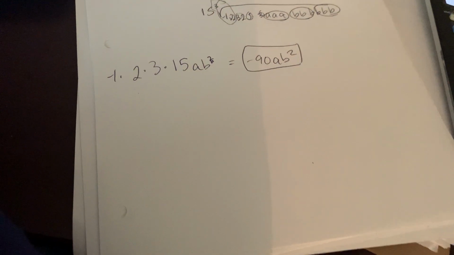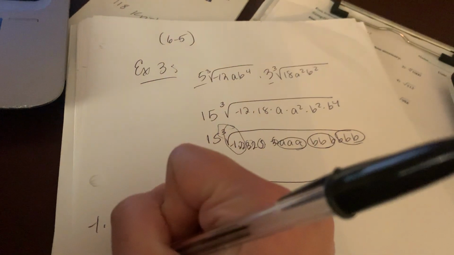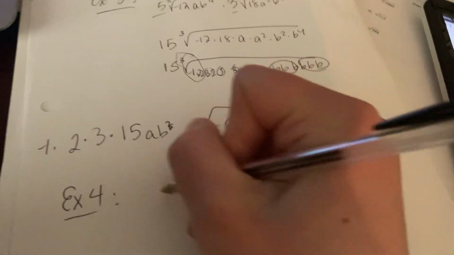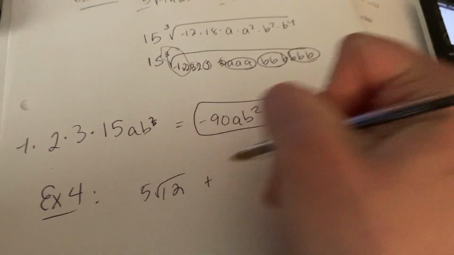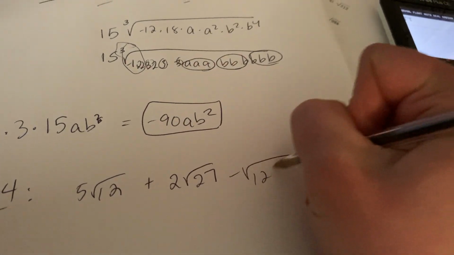Okay, the next one is just adding and subtracting radicals. I'm going to pick the hardest one, part B. So example 4, part B. So we have 5 root 12, we have 2 root 27, and we have -128.